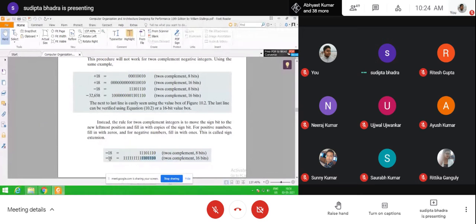What is happening here is that when the 15th bit is 1, that gives you a value of minus 32,768.